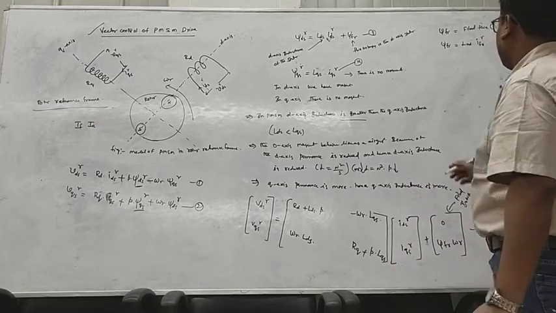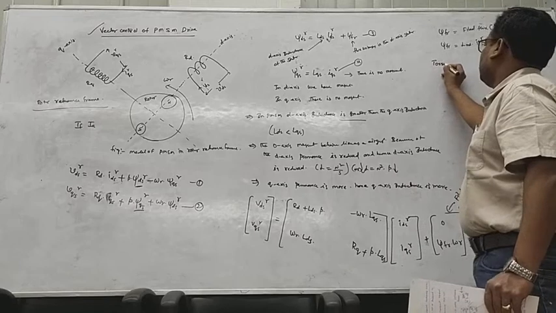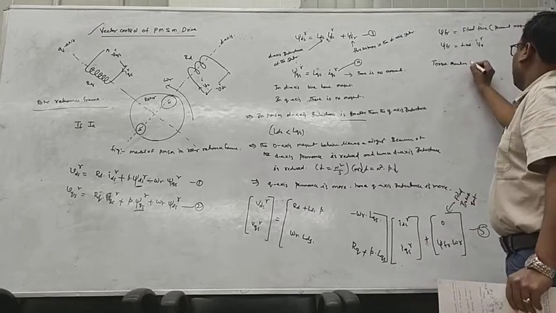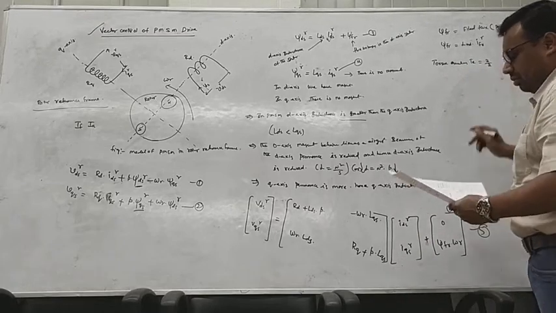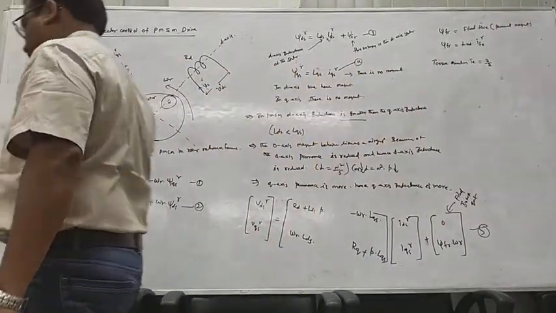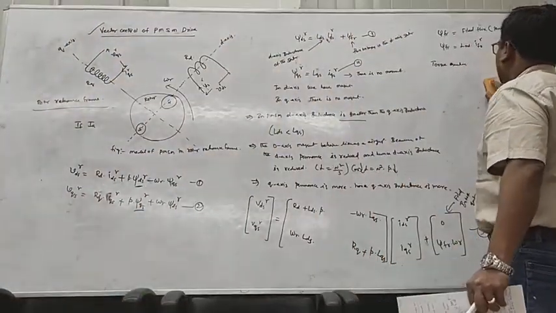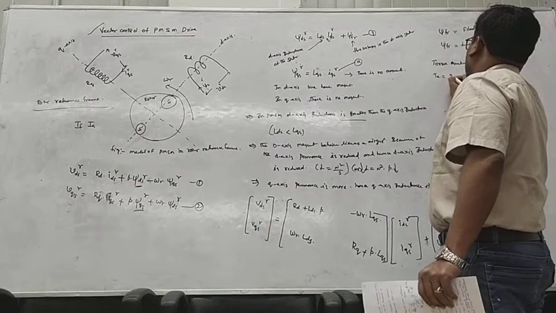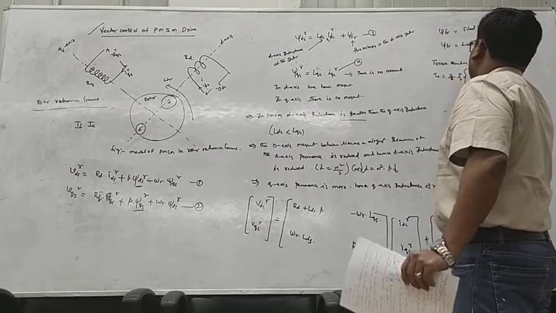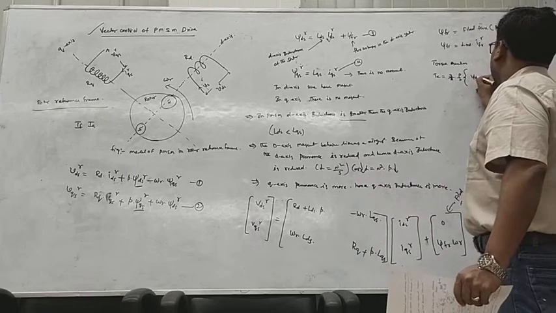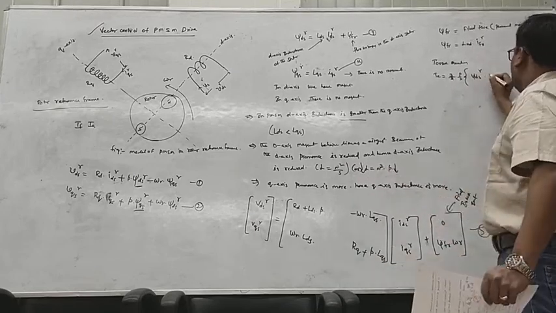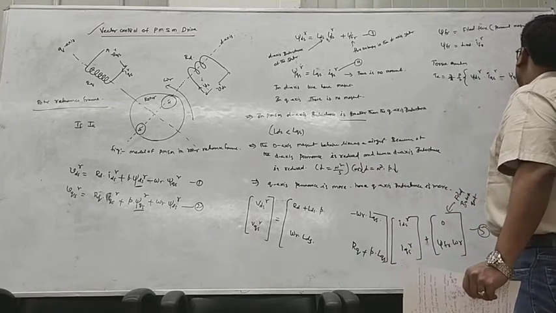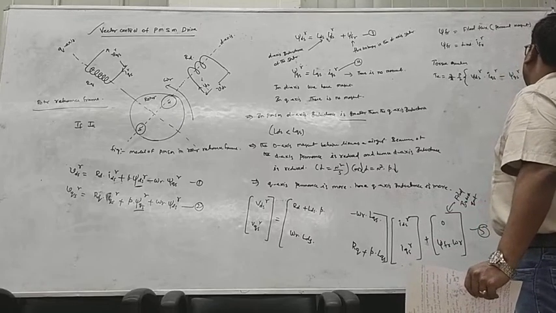As you know, the torque equation is TE is equal to 3 by 2 into P by 2 into psi ds to the power of R into IQS to the power of R minus psi qs to the power of R into IDS to the power of R.